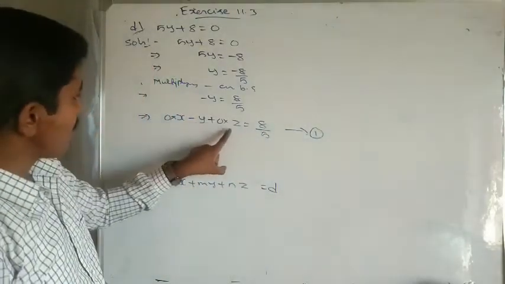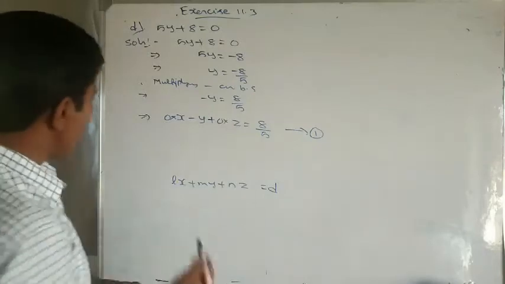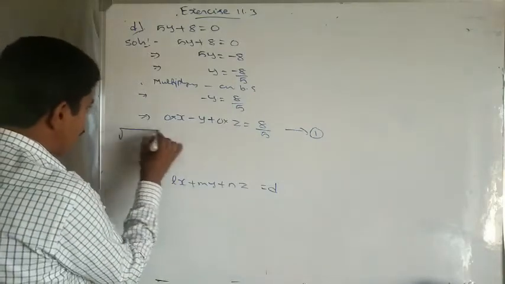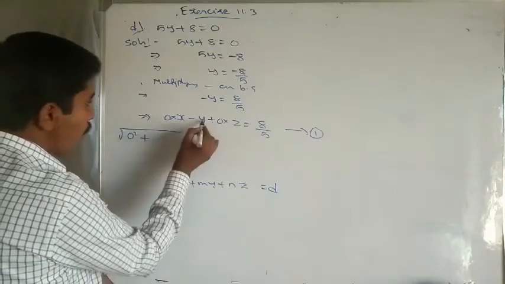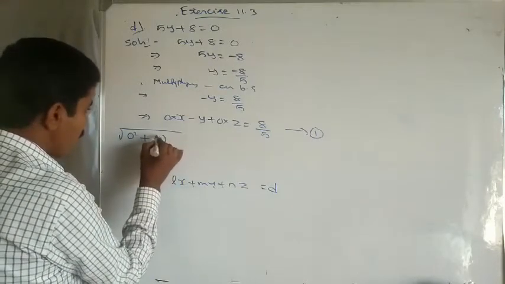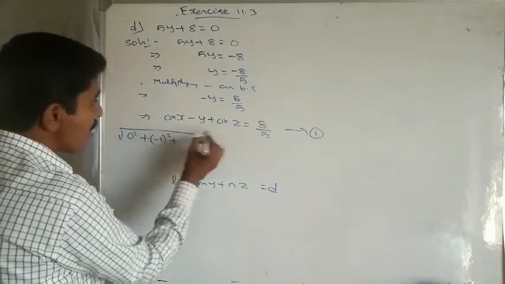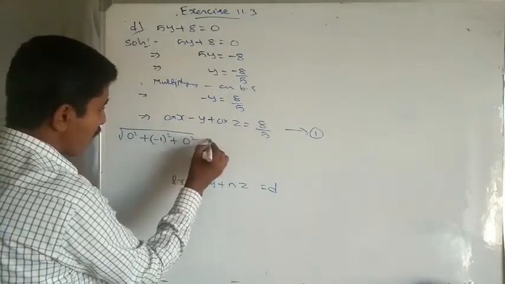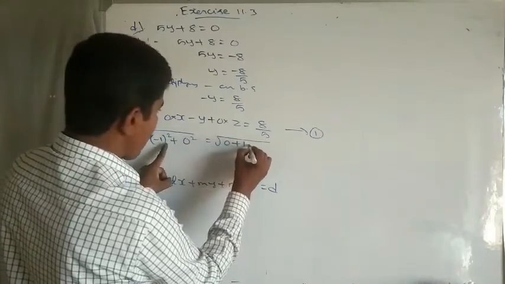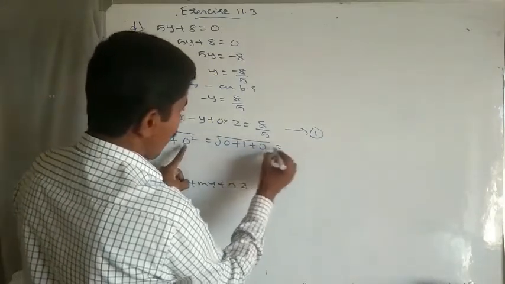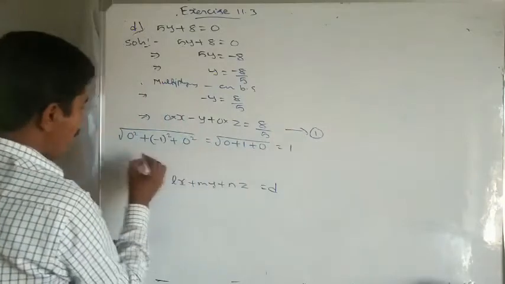Ax plus by plus 0z is equal to d. Now take the square root of x coefficient 0, 0 square, plus y coefficient minus 1 whole square, plus z coefficient 0, 0 square. Square root of 0 plus 1 plus 0. Root of 1 is 1.